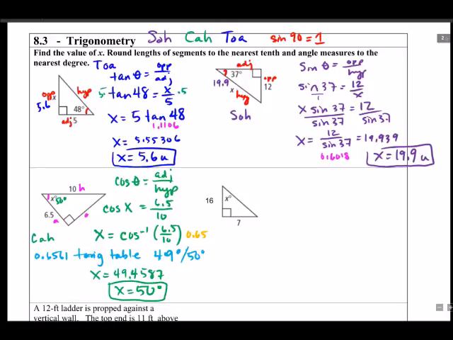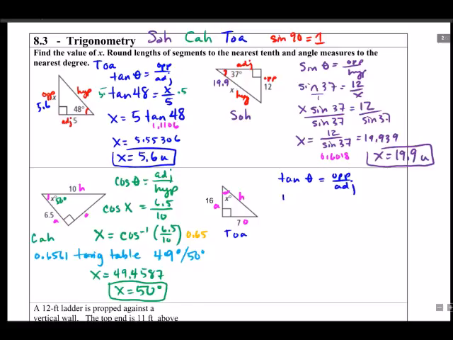All right, and mark our angle. Opposite, hypotenuse, adjacent. What do we have? We have opposite and adjacent, which means we have tangent. So tangent theta equals opposite over adjacent, TOA.